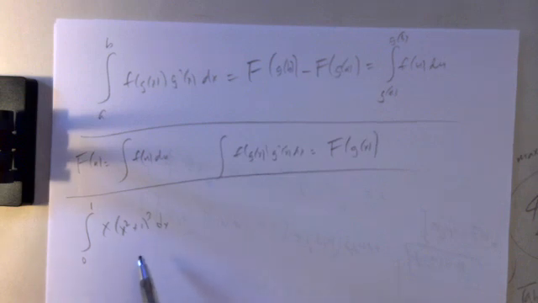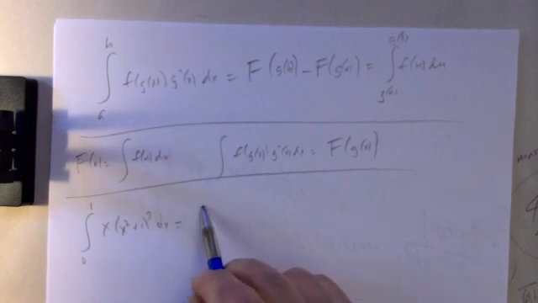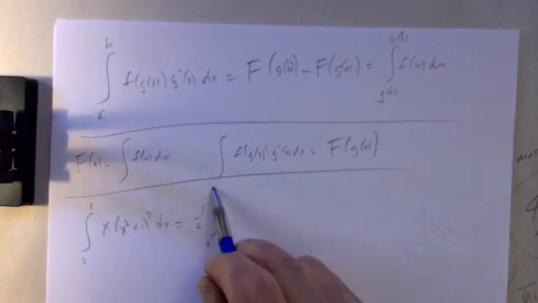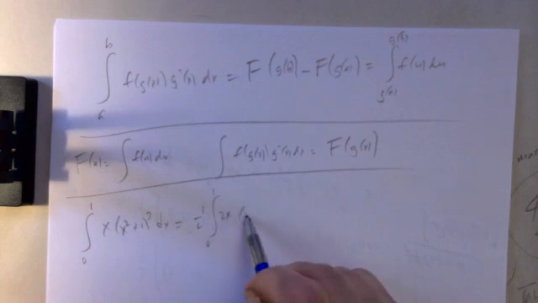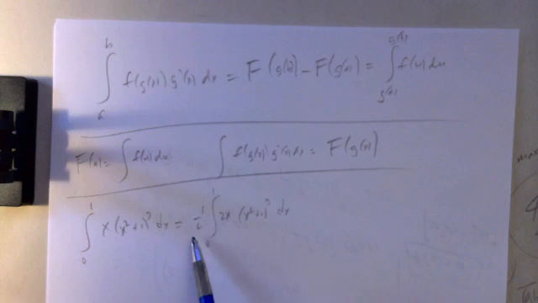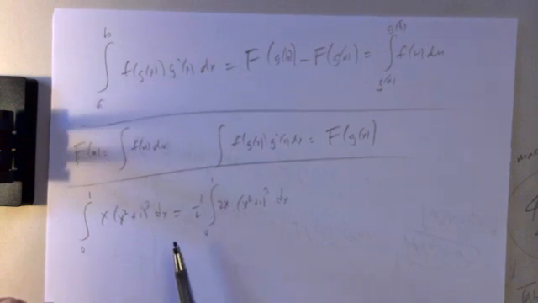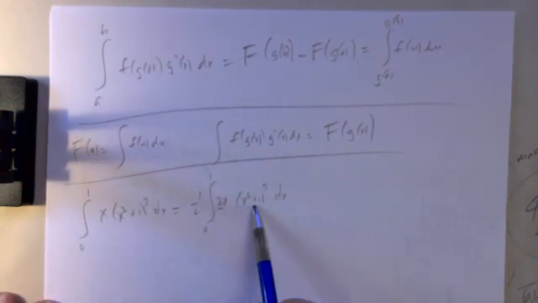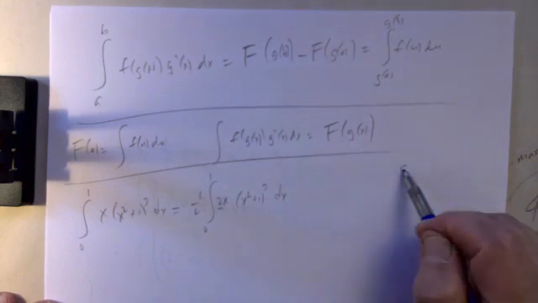So you might want to write this as 1/2 the integral from 0 to 1 of 2x times (x squared plus 1) cubed dx. I've just multiplied by 1; 1/2 times 2 is 1. But now I have 2x, which is the derivative of x squared plus 1.